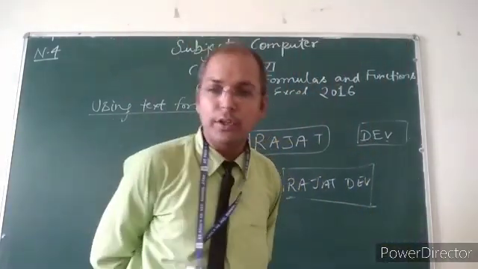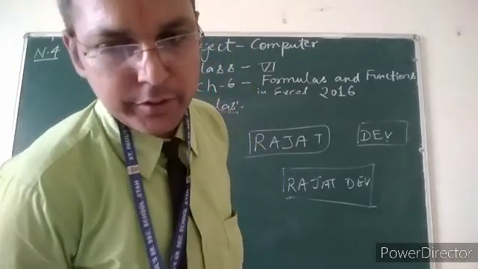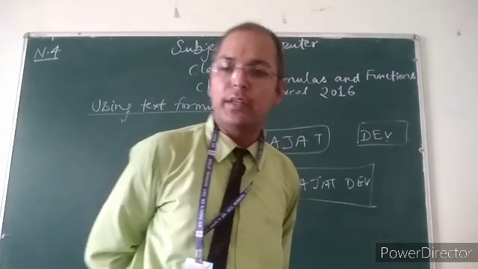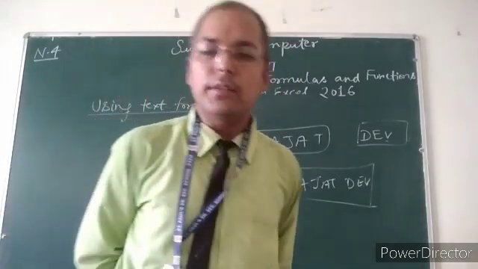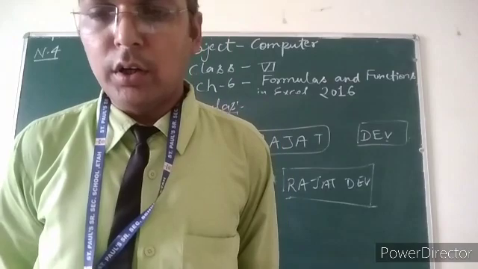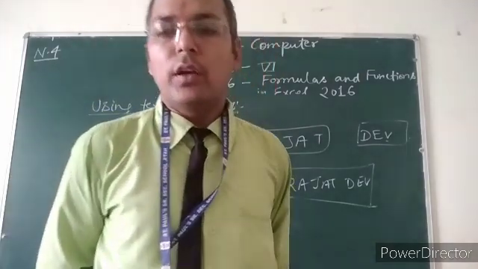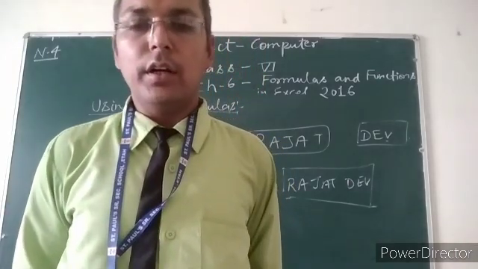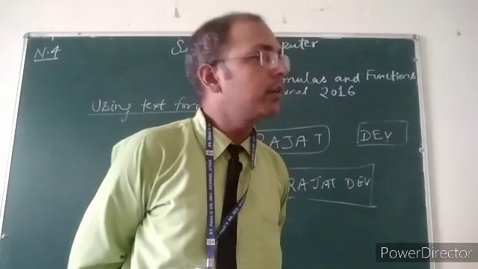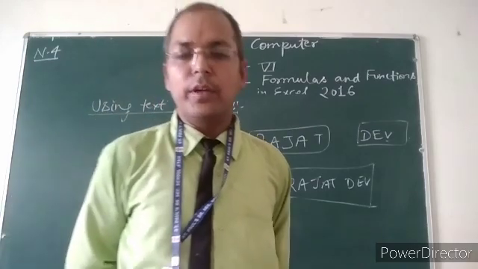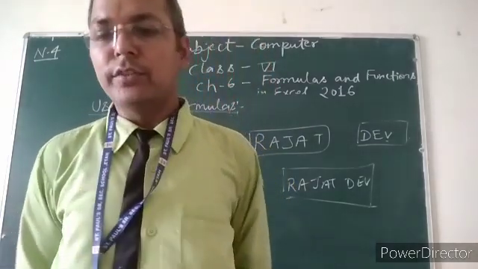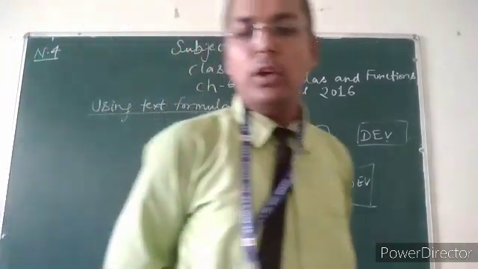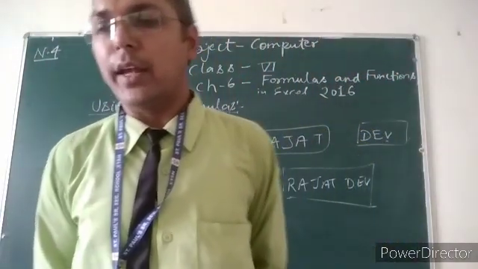Apart from numeric operations, you can also perform operations on text. For example, you can combine text. The process of combining text is called concatenation. You use the ampersand symbol for concatenation. For example, enter two text values in cells A1 and B1, like Sonam in cell A1 and Kapoor in cell B1.